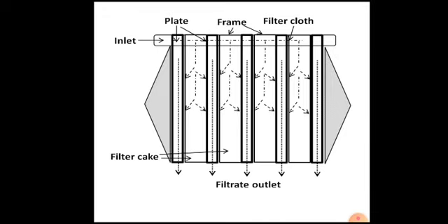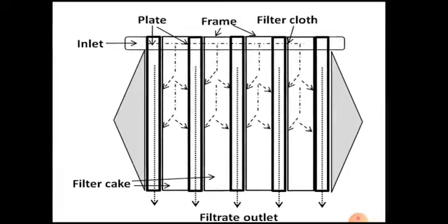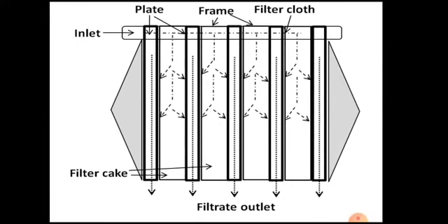Now this is the more sophisticated diagram that you can see here, and in examination you can draw this diagram as well. You can see there are plates and frames, and plates are covered with filter cloth. The fermentation broth or slurry is entering inside the frame, and it is allowed to pass through the filter cloth, and the filtrate will enter into the plate, and the filter cake will gather inside the frame.